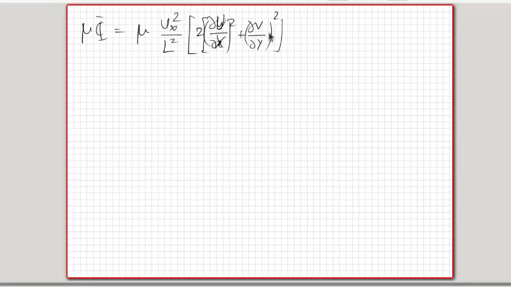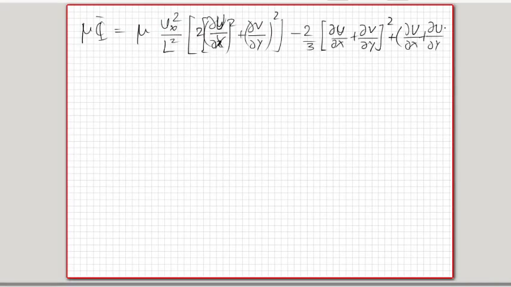So all the terms will have the same dimension, minus 2 by 3 into del capital U by del capital X plus del capital V by del capital Y the whole square, and the third term would be plus del V by del X plus del U by del Y the whole square.